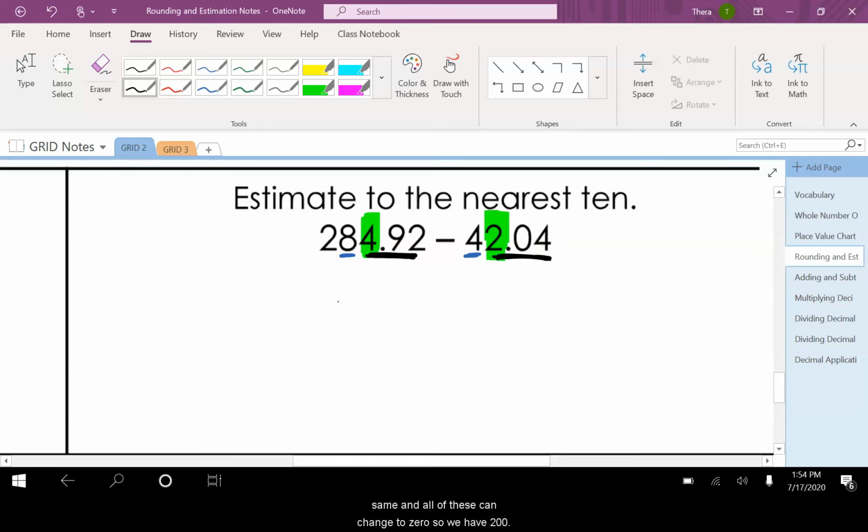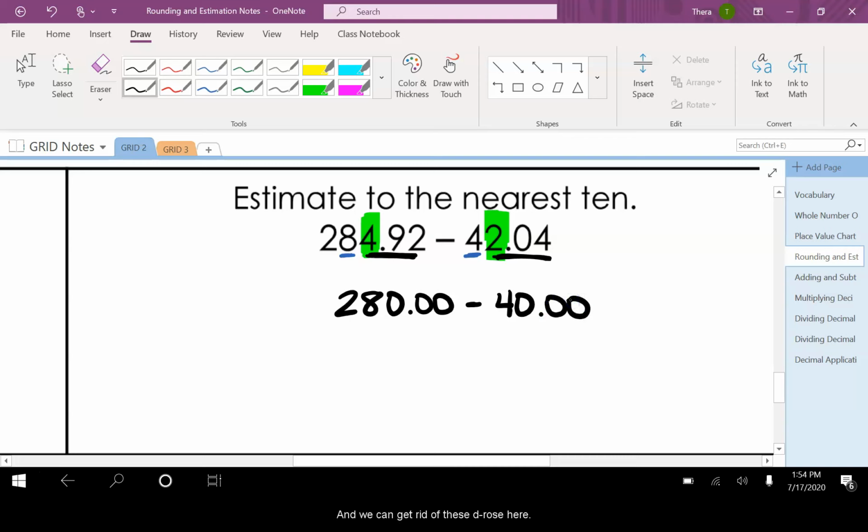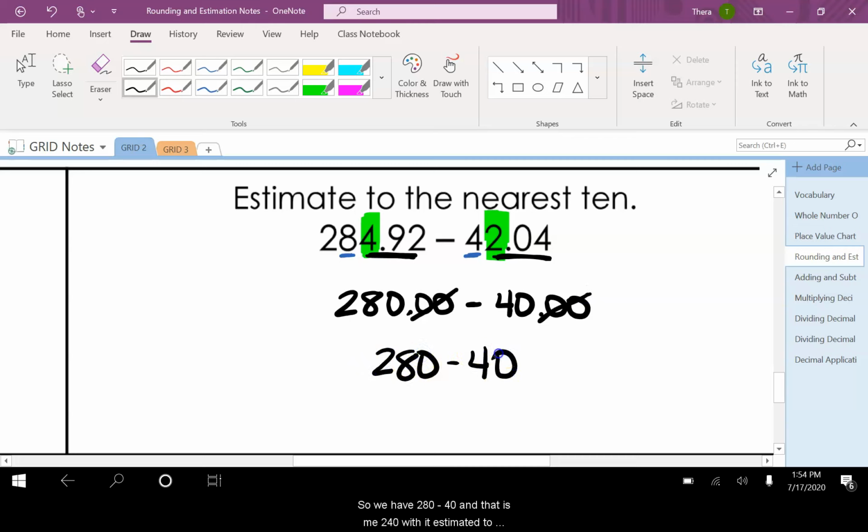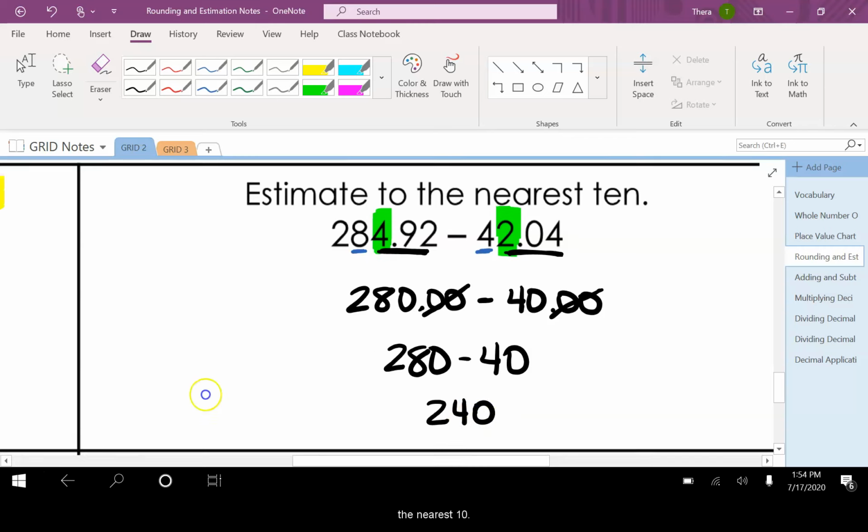So we have 280 minus 40. And we can get rid of these zeros here. So we have 280 minus 40, and that gives me 240 with it estimated to the nearest 10.